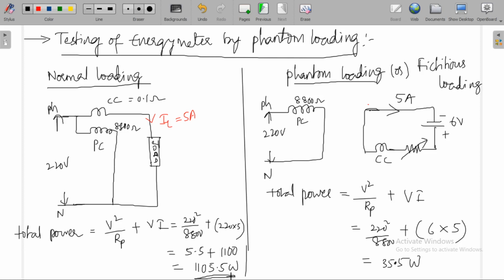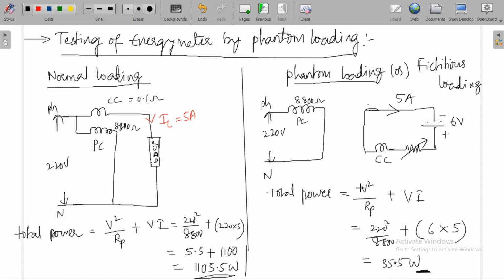In this example, the power loss is 1105.5 watts for normal loading, and for phantom loading it is 35.5 watts. For normal loading, more power loss is taking place. For phantom loading, less power loss is taking place.